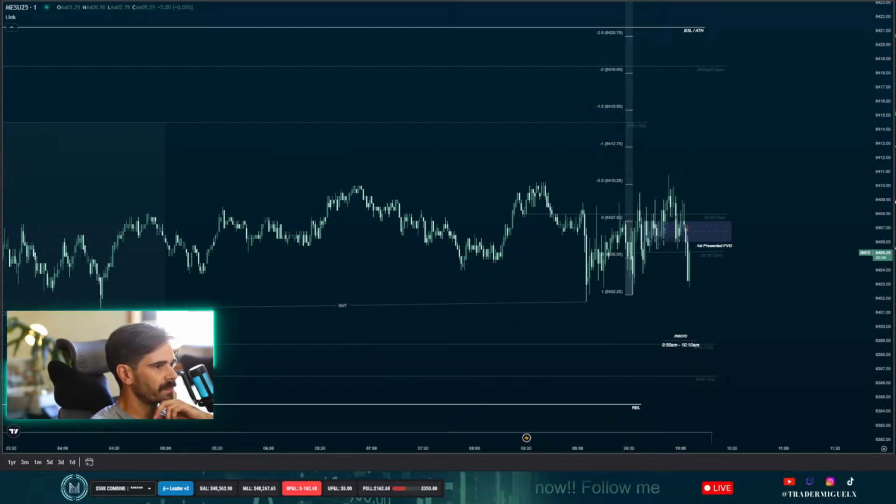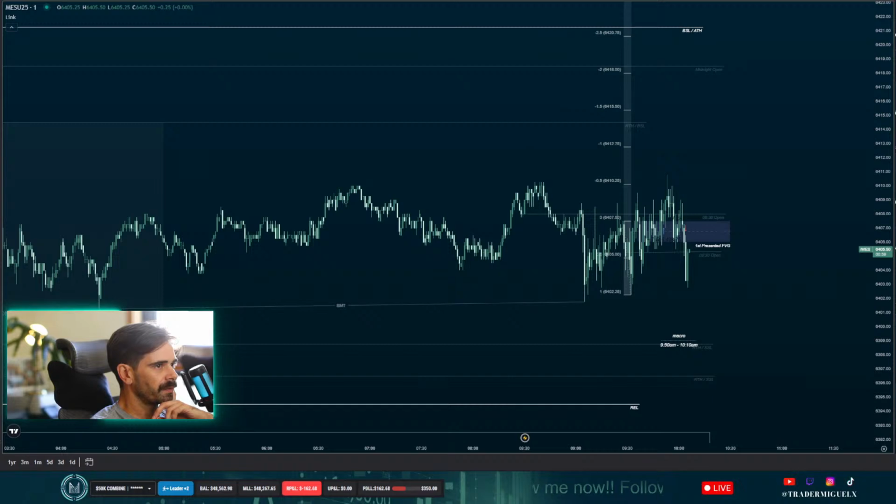Yeah, let's see if price just came for my stop and will eventually move to the upside here, or if it will move once again lower.